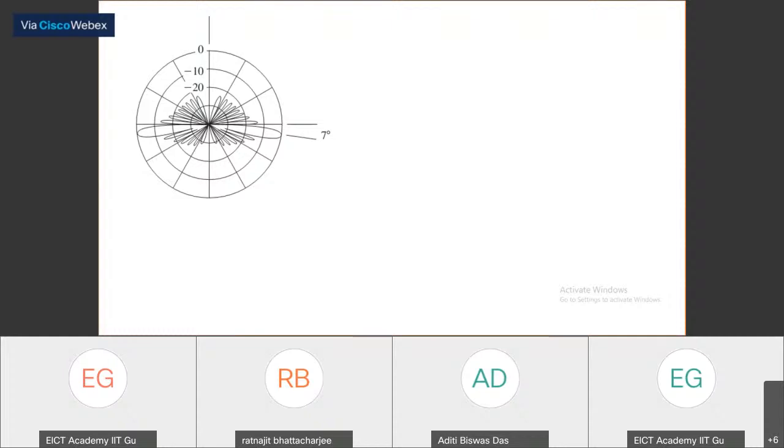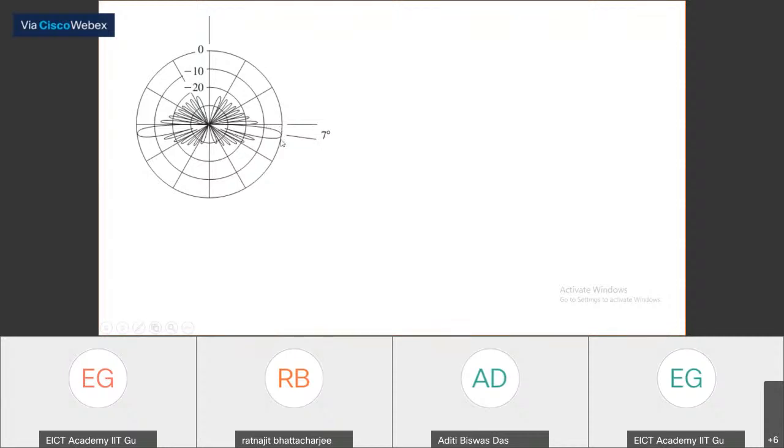Otherwise it is having omni coverage in the azimuth. In the elevation plane, its beamwidth is very small, a few degrees, usually 10 to 15 or 20 degrees. But this beam is not symmetrical about this horizontal line. This beam is tilted by some degrees.